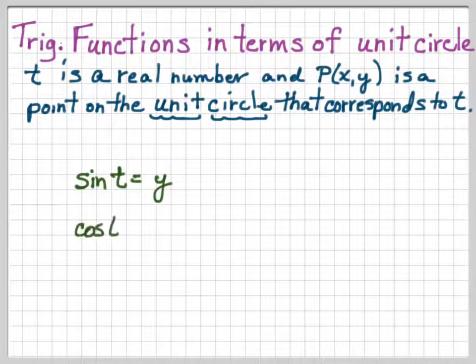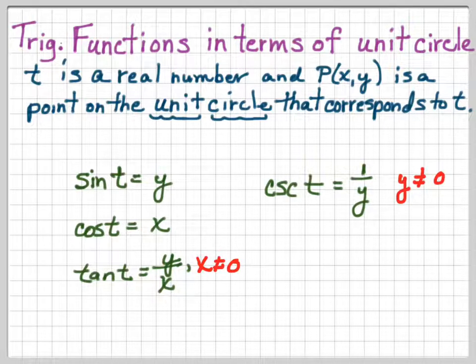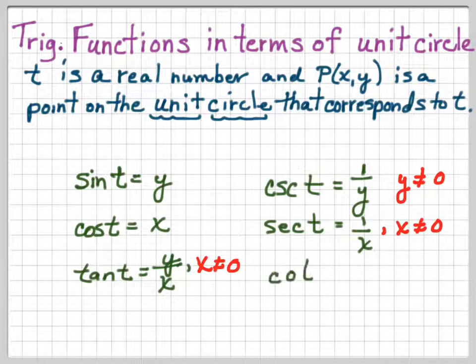So the sine of t is y, cosine of t is x, the tangent of t is y divided by x, but we have to put a caveat here because x cannot be equal to 0. The cosecant is a reciprocal of sine, so that would be 1 over y, but again, y cannot equal 0. The secant of t is 1 over x, and again, we have an x in the denominator, so x cannot be 0.